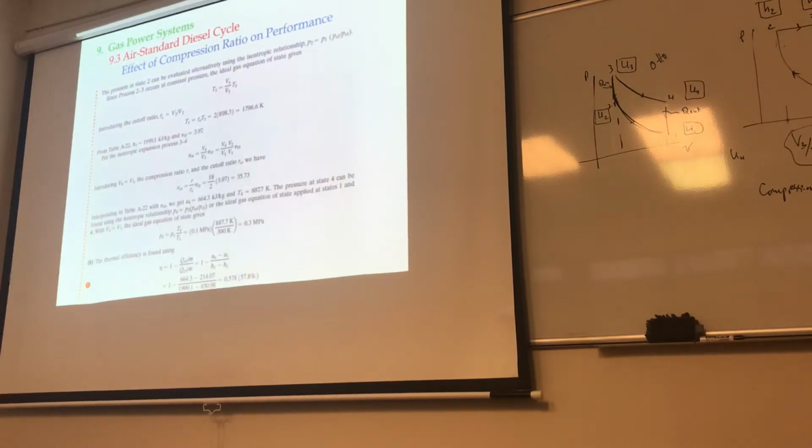And then finding the cutoff ratio: the cutoff ratio is V3 divided by V2, which according to this is just T3 divided by T2, and you find the temperature. So it's again marching from one state to the other.